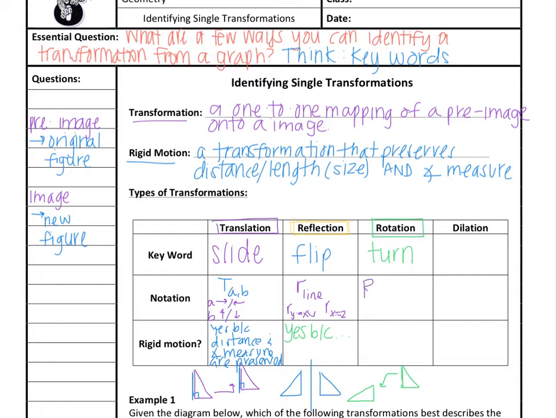Capital R, the point that you rotate around, and then the degree measure. For the degrees, it's typically 90, 180, or 270. And again, P represents the point rotated around.